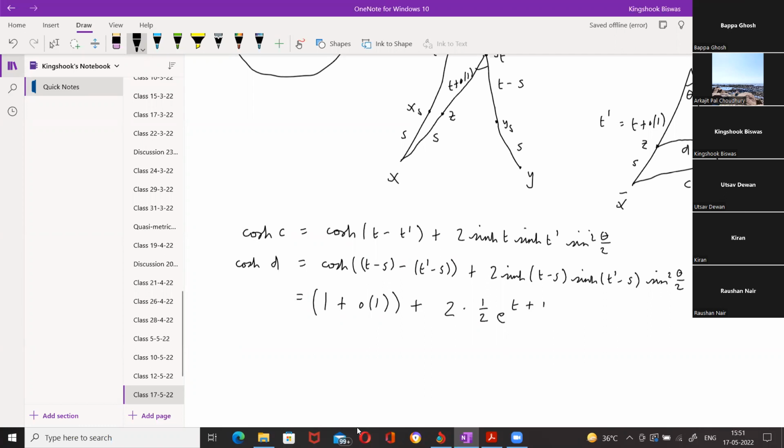So this will be cosh c minus cosh(t minus t prime).